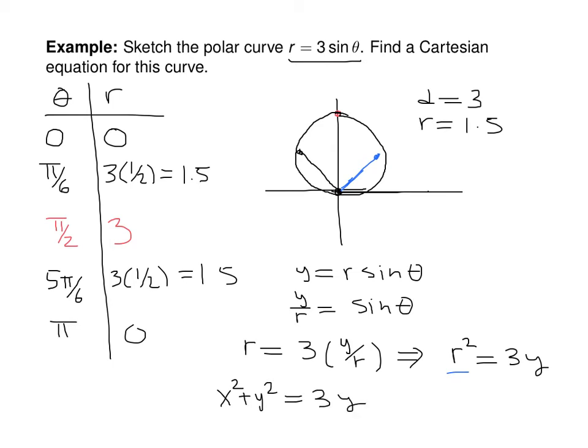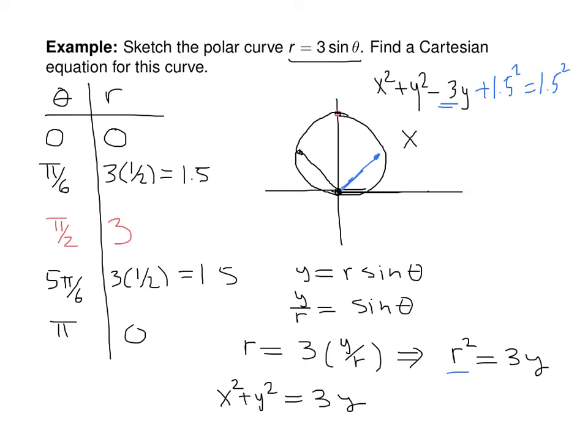And now you have to remember how to complete the square, which is a topic that's taught in some Algebra 2 classes and some pre-calculus classes, but it could have been a long time, so we'll go over it. x squared plus y squared minus 3y. Now you add half of that 3 squared. So half of 3 is 1.5. We're going to add 1.5 squared to this side and 1.5 squared to that side.